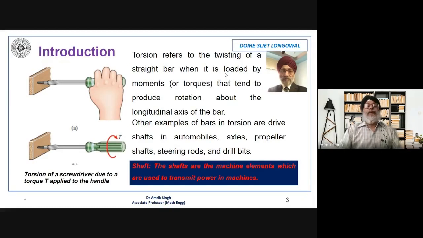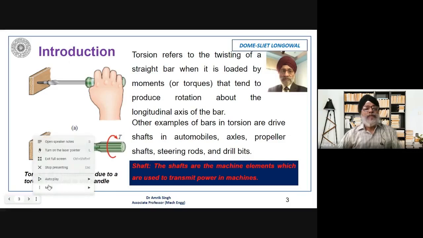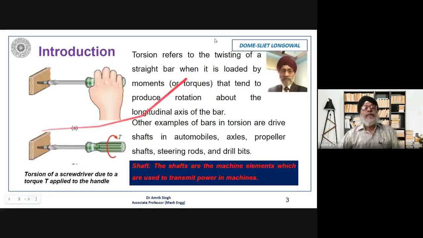So, first of all, what is torsion? It's a picture of a screwdriver, you can see. When we hold it and screw it, that means we apply a torque T. So this screw goes inside the ball or inside the wheel.